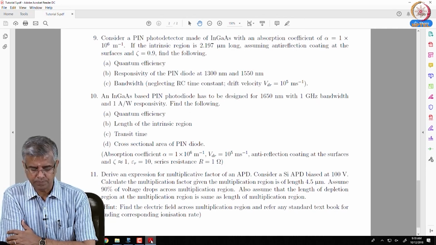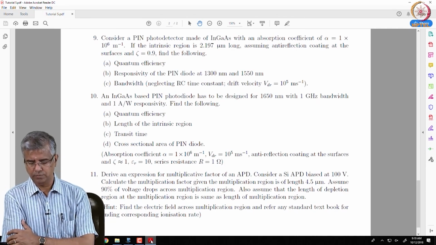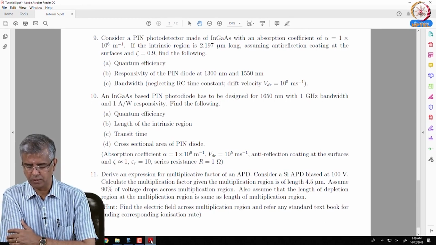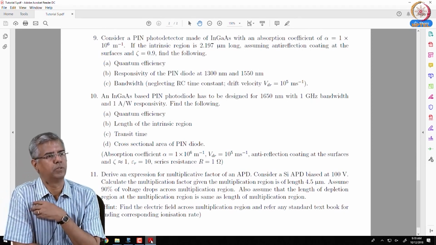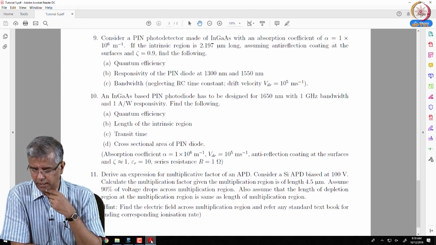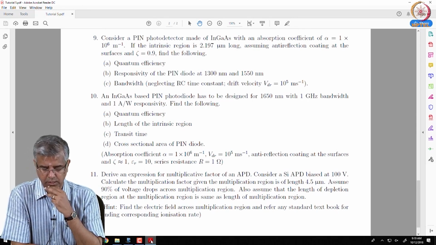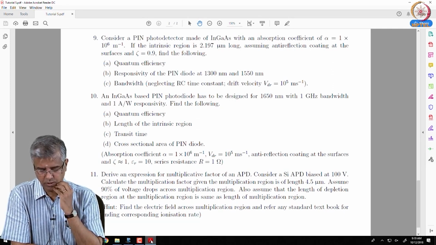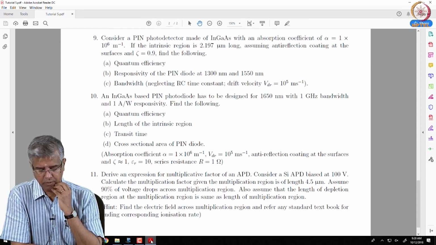If the intrinsic region is about 2 microns long and assuming anti-reflection coating at the surfaces, that means RF, that factor that we defined yesterday, is equal to 0, and then zeta is given as 0.9. We are asked to find the quantum efficiency, the responsivity, and then the bandwidth.